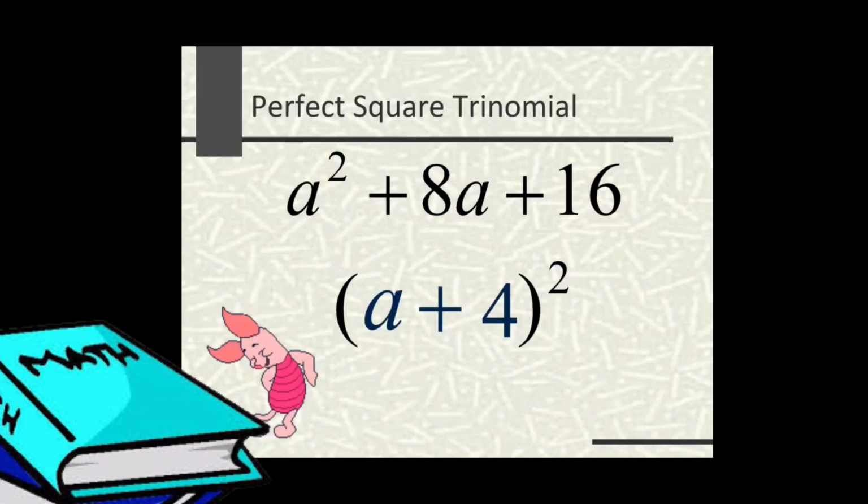The square root of our first term is a. And the square root of our last term, which is 16, is 4. The sign of the middle term is positive, so we put positive in the parentheses and square the result. So the answer is (a plus 4) squared.